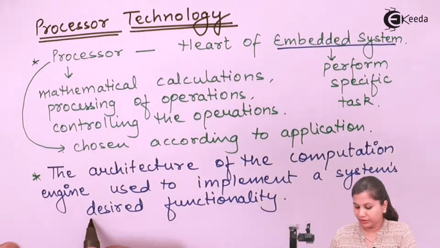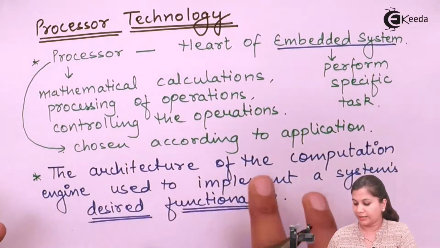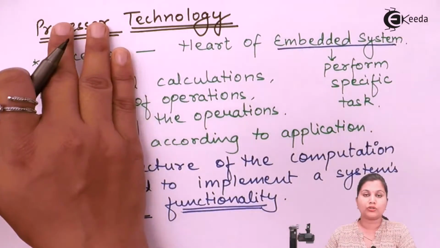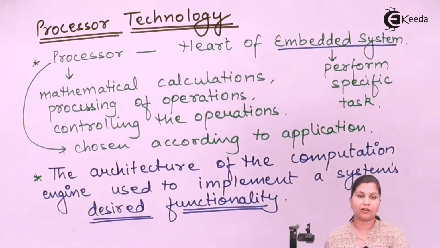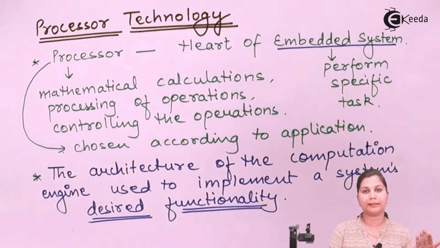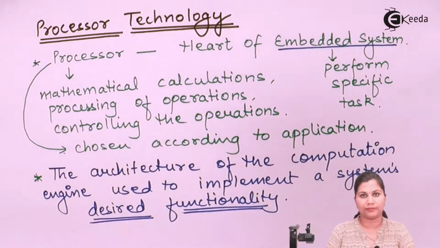So according to the desired functionality, we choose the architecture of the computation engine, or the processor. The selection of the processor according to the function or application performed by the embedded system comes under the processor technology.